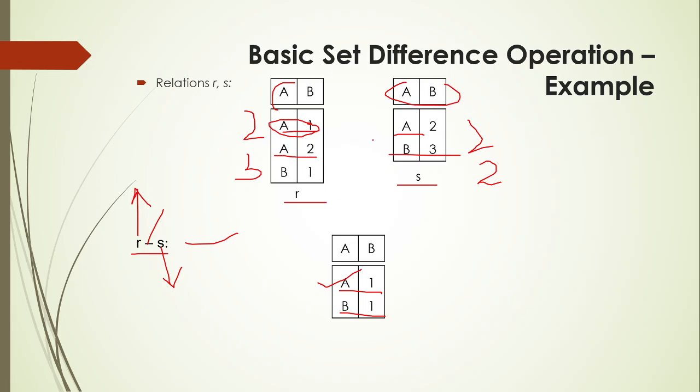Secondly, A2 is present in both R and S, so we eliminate it from R minus S. The third row is V1, and it is also not available in relation S, so it is the second row of R minus S.